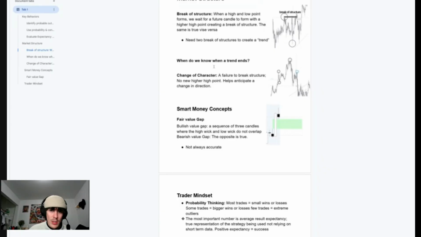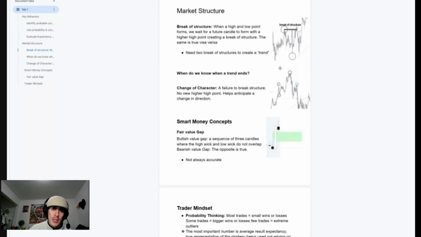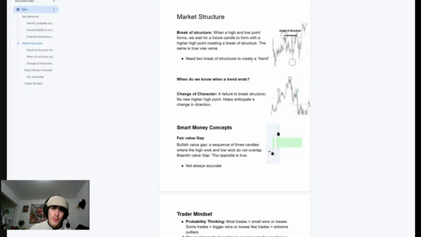And so how do we know when a trend ends? A change of character. So say your trend is you're consistently breaking the structure and it's going higher and higher. The change of character happens when there's a failure to make a break of structure.